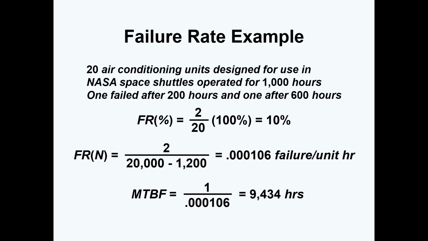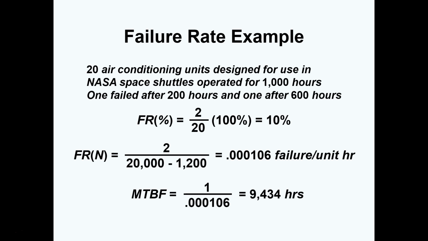Based on that, we can calculate the failure rate as a percentage, which will equal 2 over 20 times 100, and that's 10%. The failure rate based on the number of operating hours will equal 2 over 20,000 minus 1,200, which will equal 0.00106 failure per unit hour.